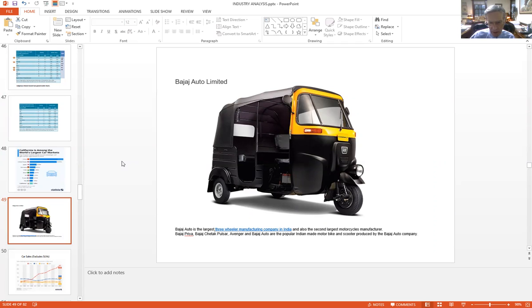And this is a very popular version of mechanized transportation in India. And there are 2 or 3 of these manufacturers that produce these vehicles. If you own one of these in India, you're doing pretty well if you can afford one.